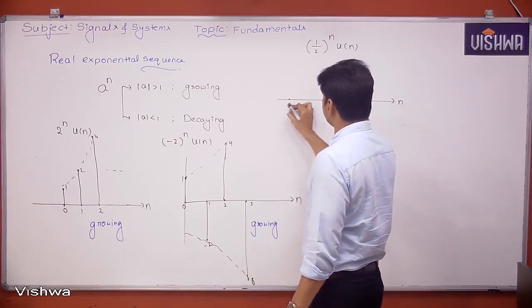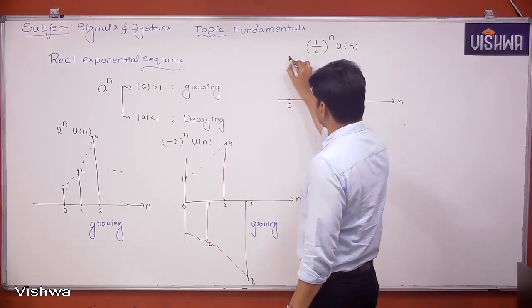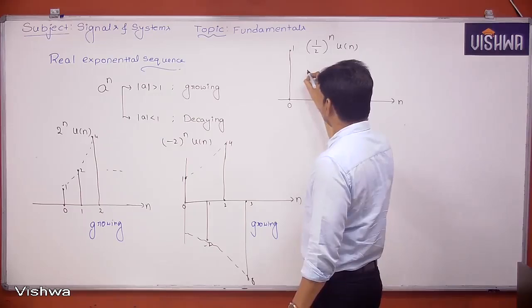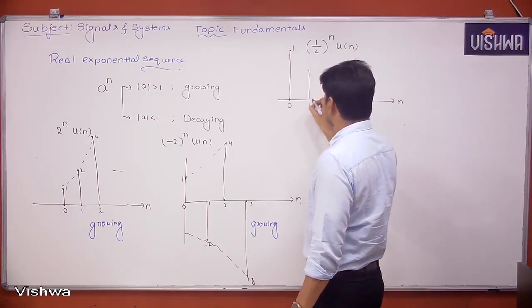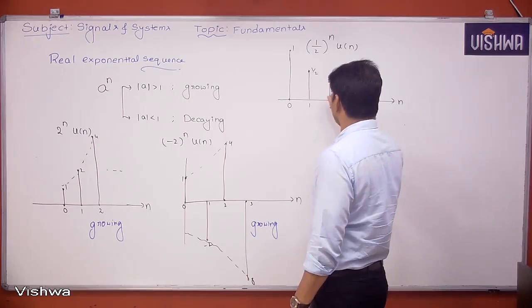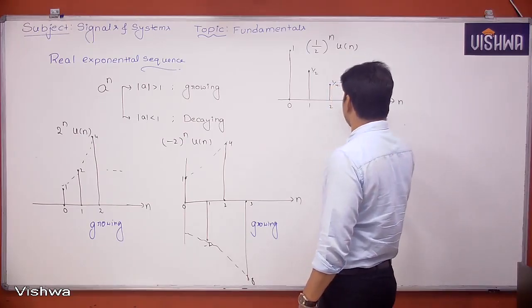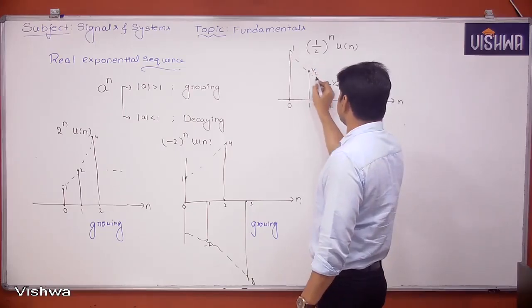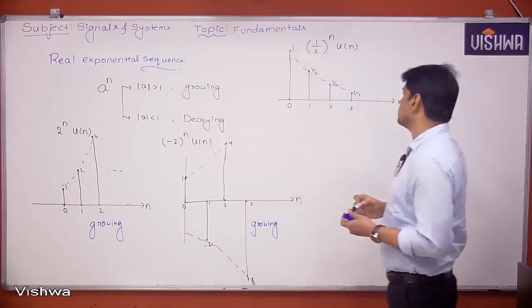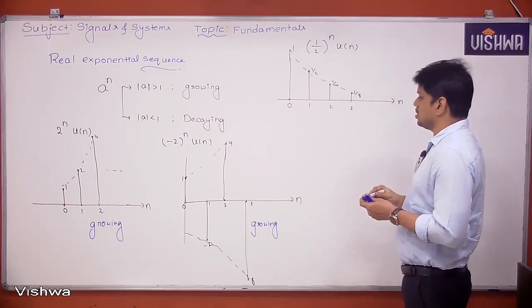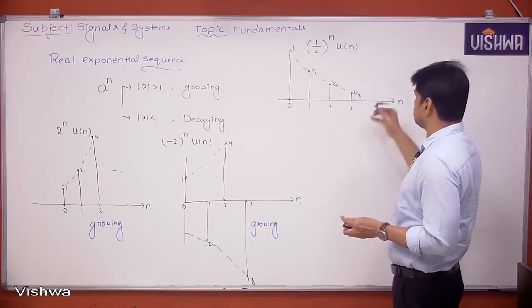At 0, the value is 1. At 1, its value is 1 by 2. At 2, its value is 1 by 4. At 3, its value is 1 by 8. Isn't it decaying exponentially? Yes, it is. So I can say this is a decaying exponential.